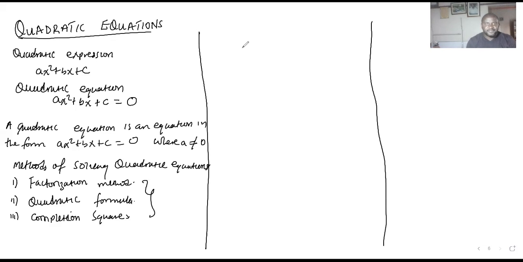Examples. These are all just reviews. Solve the following quadratic equations using the factorization method.